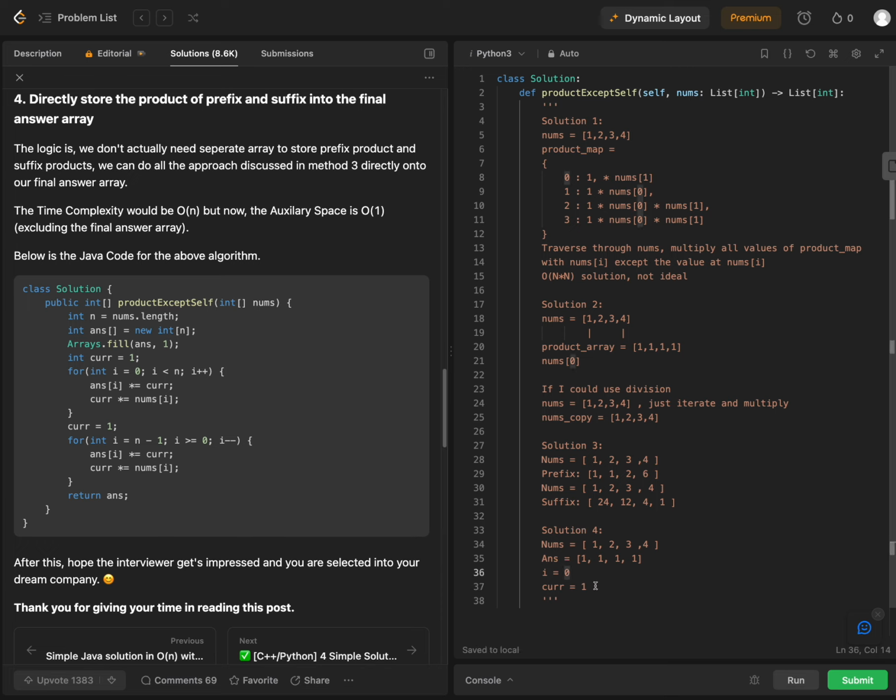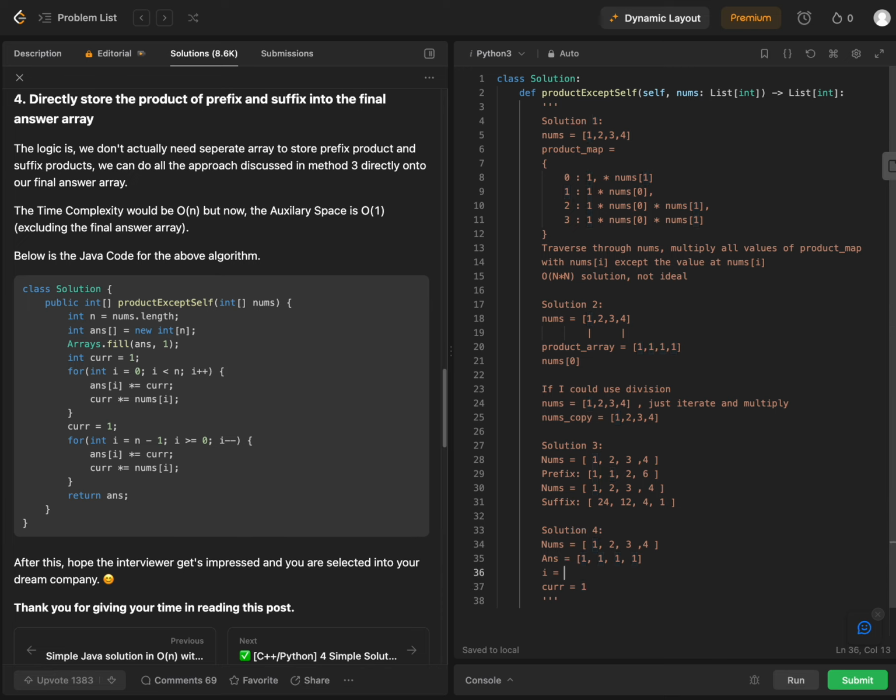I equals to 0, current equals to 1, right? Then you look at answer 0, multiply by current, which is 1, nothing happens. Your current now multiply by nums I, which is this, nothing.